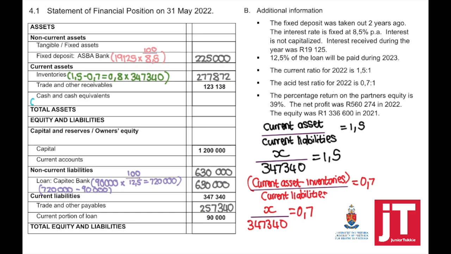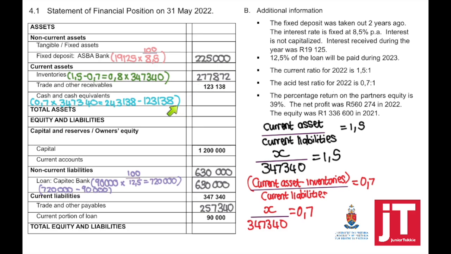If we look at the asset test ratio now, and we take 0,7 times the current liabilities, that equals 243,138, which consists out of your trade and other receivables plus your cash and cash equivalents.